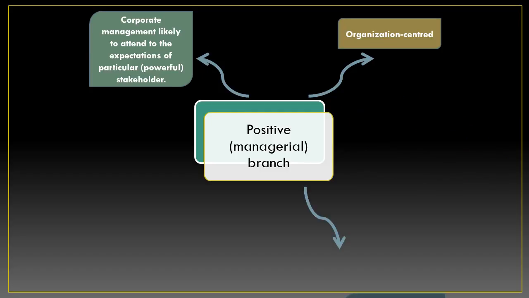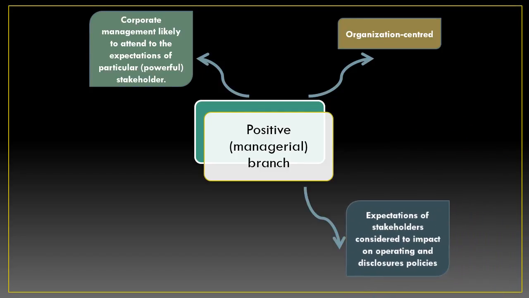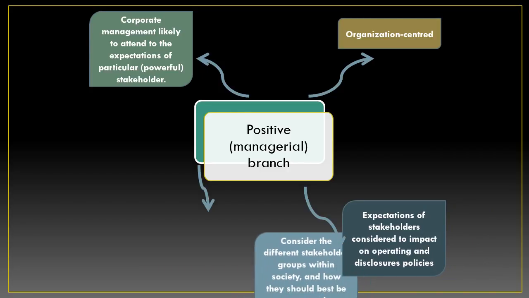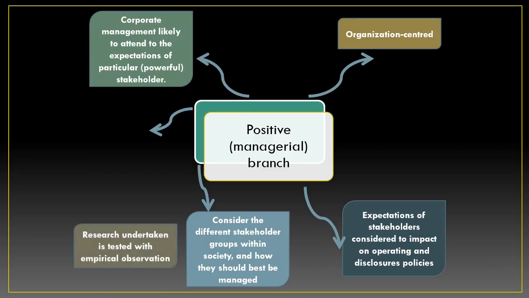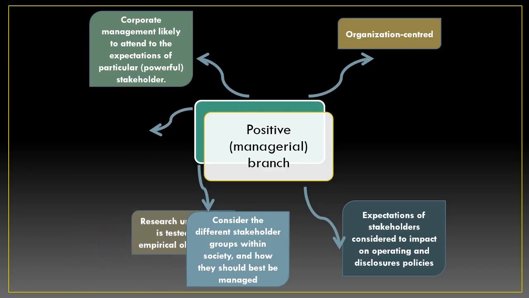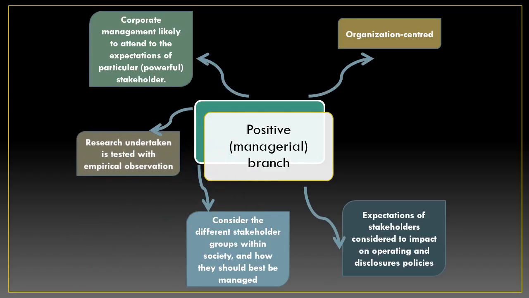Besides, expectations of stakeholders are considered to impact operating and disclosure policies. Specifically, the managerial branch considers the different stakeholder groups within society and how they should best be managed, not society as a whole like legitimacy theory. Meanwhile, research undertaken under the managerial branch of stakeholder theory can be tested with empirical observation.